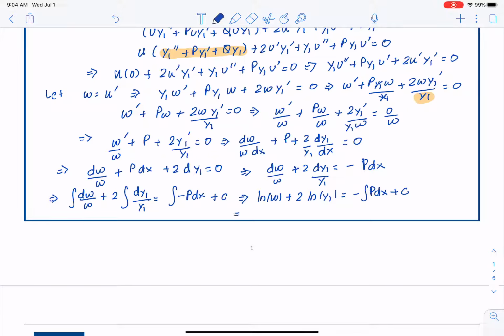Using algebra, I could combine these two and write it as ln of w plus ln of y1 squared equals negative integral p dx plus c. Using the properties of logarithm, I could rewrite that as ln of w times y1 squared equals negative integral p dx plus c. Take exponential on both sides.